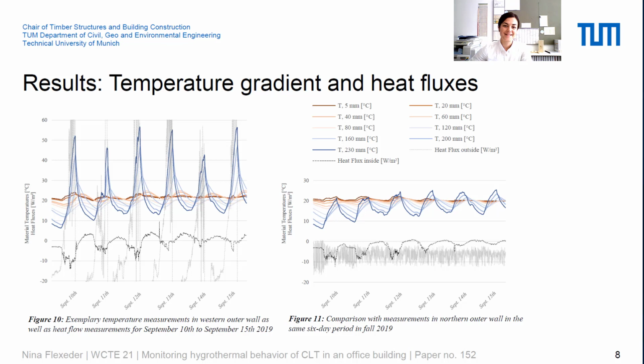Please note that especially in the west, the heat flux measurements outside fluctuate a lot. Here you can already get an idea how difficult it is to gather accurate data for calculating lambda.